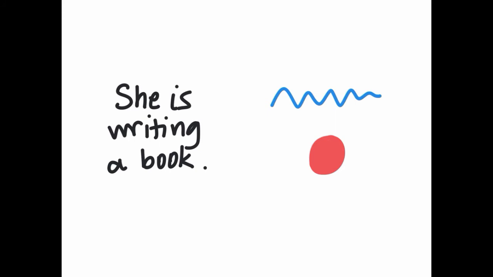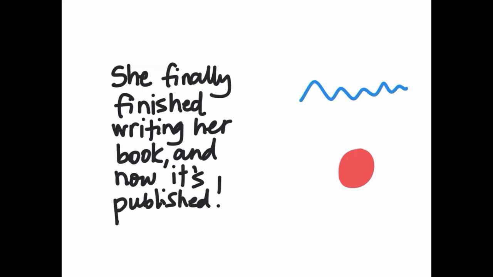I think if you think about it, you can see that she is writing is a longer process. So that would be an imperfective verb. She finally finished writing her book and now it's published. Here we have more of a point in time, some kind of result. Perfective.